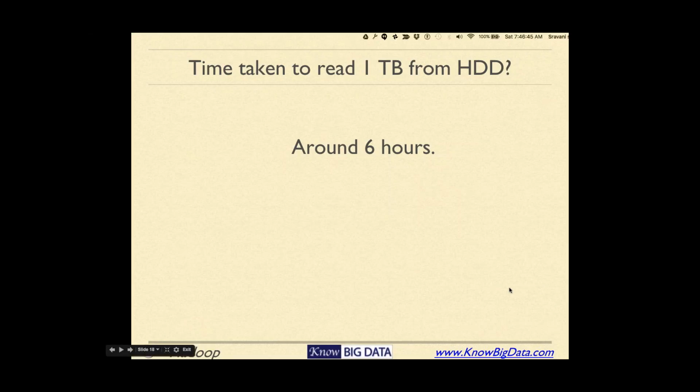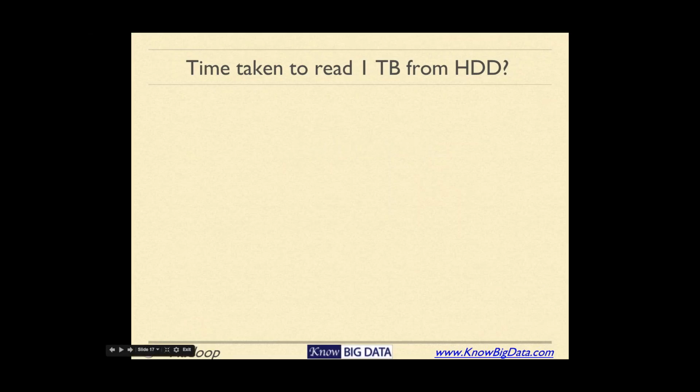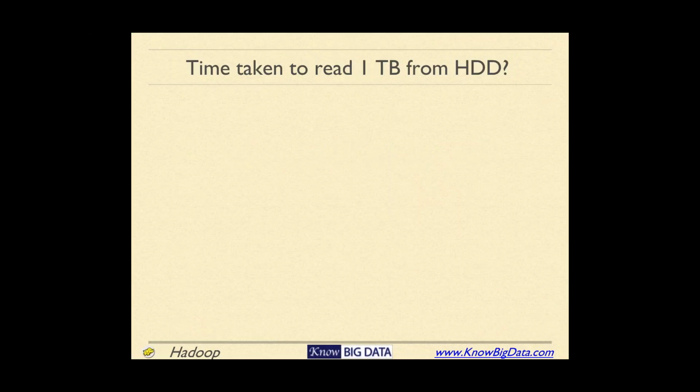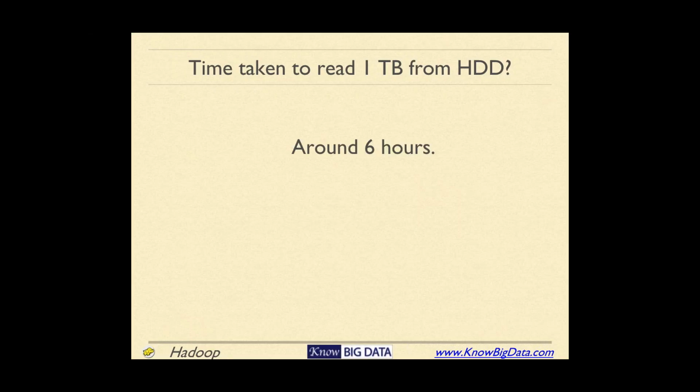Now when we churn 1 petabyte of data and we are just reading the data from one side to another, not jumping back and forth, the time to read 1 petabyte would be 6,000 hours. It will take more than 6,000 hours. Now you can understand why we call 1 petabyte big data.